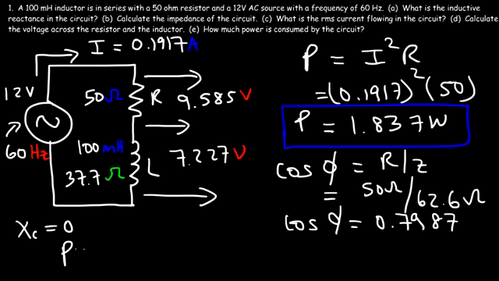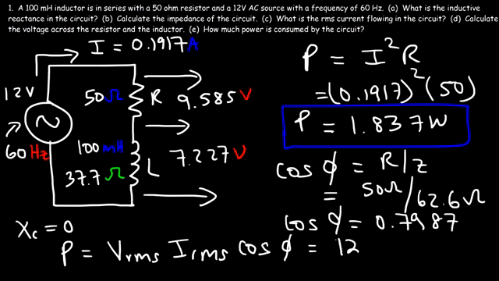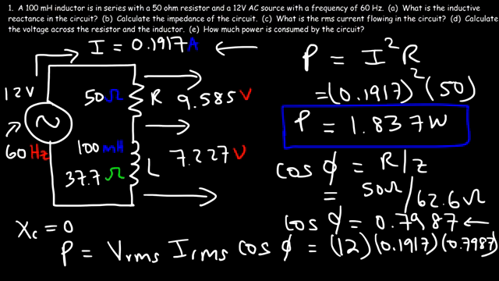Now the power consumed by the circuit is the source voltage of the circuit, times the RMS current, multiplied by the power factor. So V RMS, that's 12 volts in this example. I RMS, that's 0.1917, multiplied by 0.7987.